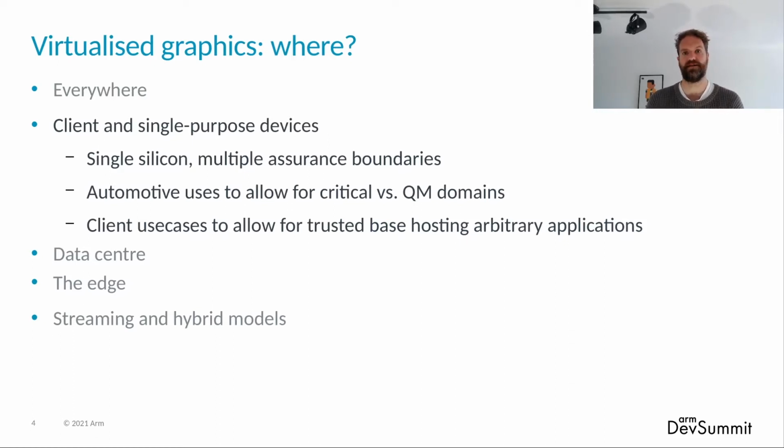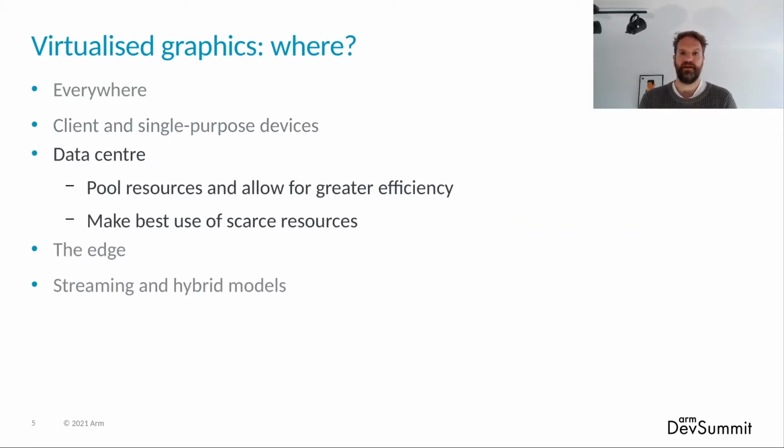If you look at desktops, things like Chromebooks as well, that's another area where the industry has been moving to a very trusted and assured base for the client system, but then running arbitrary applications inside sandboxes, and often these days virtualized. The data center is a pretty obvious one.